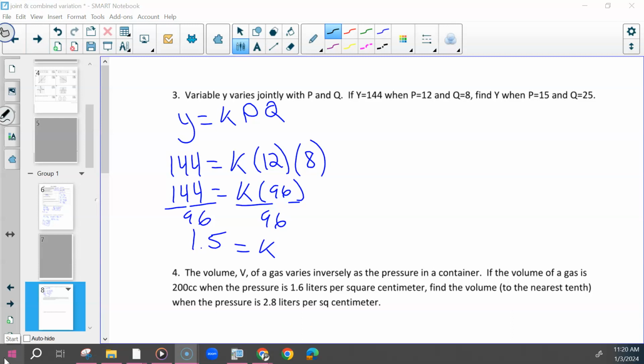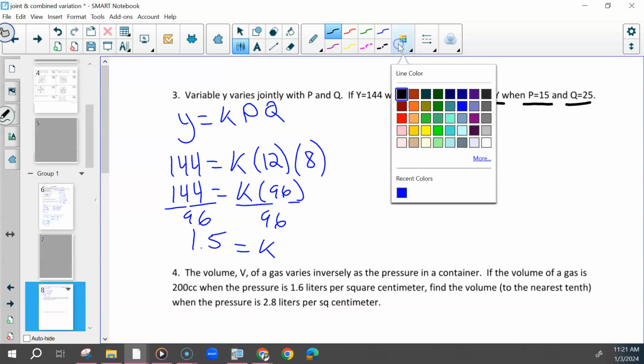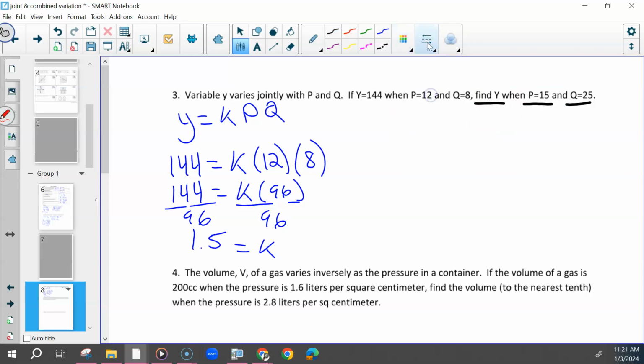So we found k. Now we're going to use our original equation with the numbers given. We have to find y. We have p equals 15, q equals 25, and k. So we don't know y, so that stays the variable. K is now 1.5. P is now 15. Q is now 25.